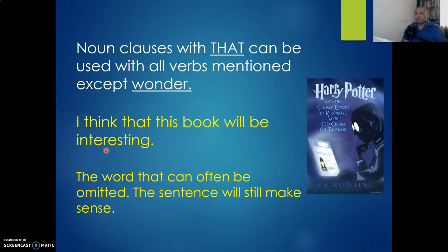In noun clauses we can omit the word that and the sentence will still transmit the same idea. There will be no problem with that. So I could also say, I think this book will be interesting. And this is a special case because in part of its expletive nature, I can omit the word that.